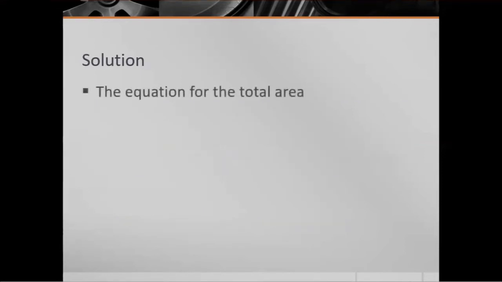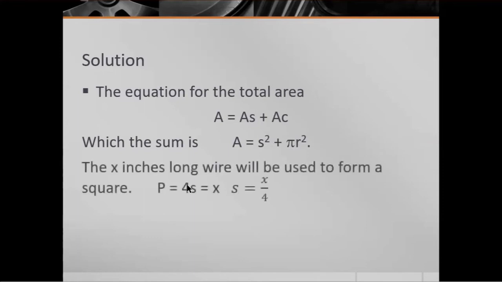The equation for the total area is A equals A sub S plus A sub C, which is equal to s squared for the area of the square plus pi r squared for the area of the circle. The x inches long wire will be used to form a square.